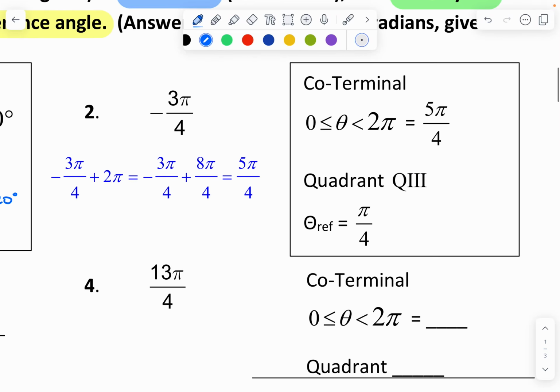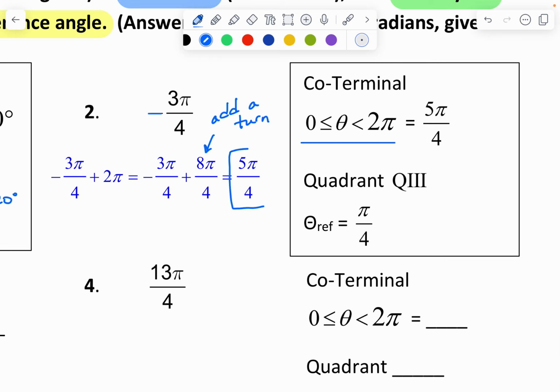In 2, we have negative 3 pi over 4. That doesn't fall into this range. So what you have to do is add a turn to it, okay, so that you can then fall into the range. 5 pi over 4 is a little bit over pi, which is 180.